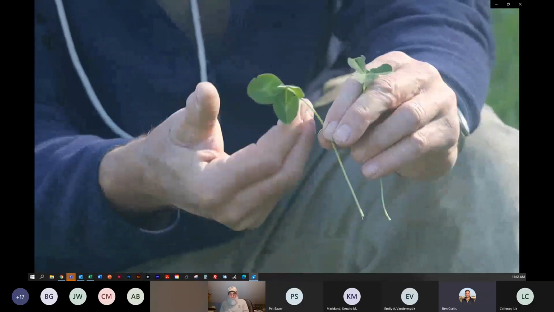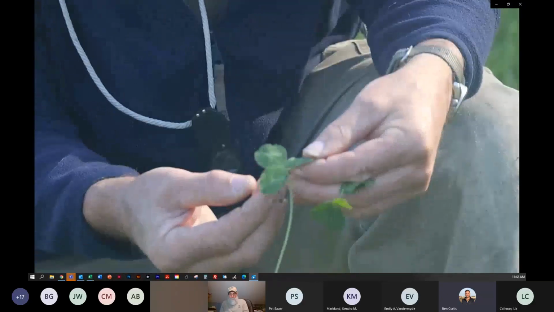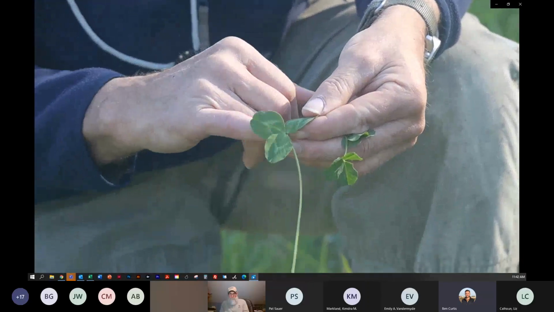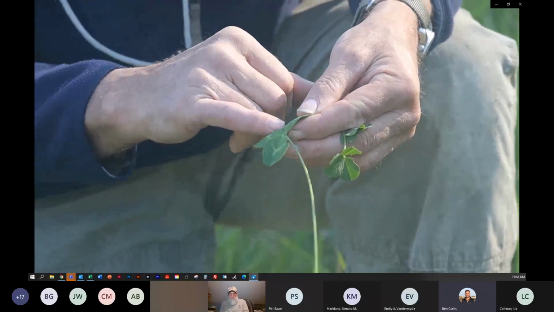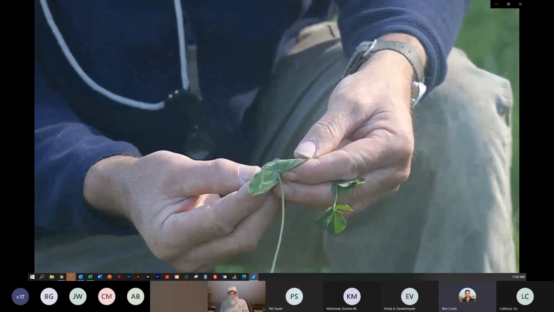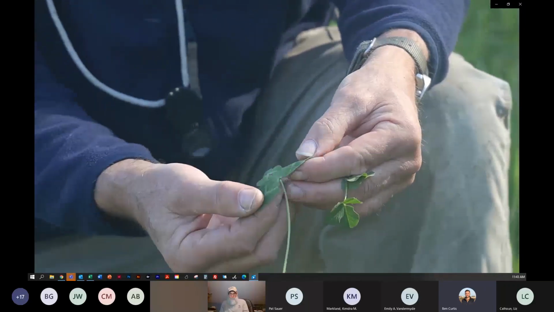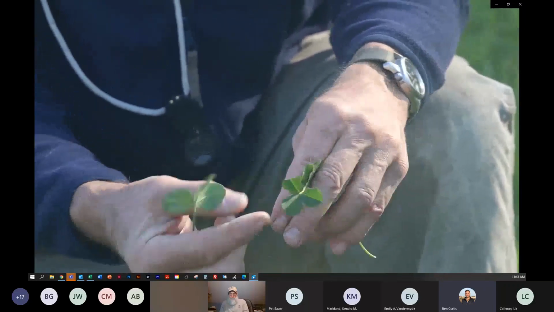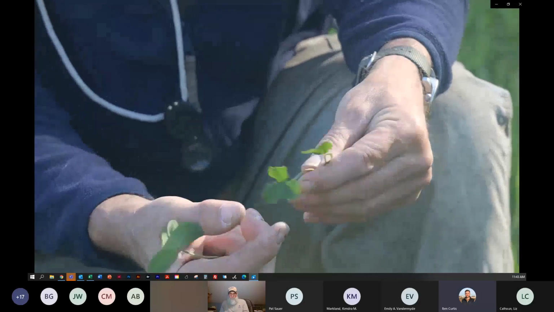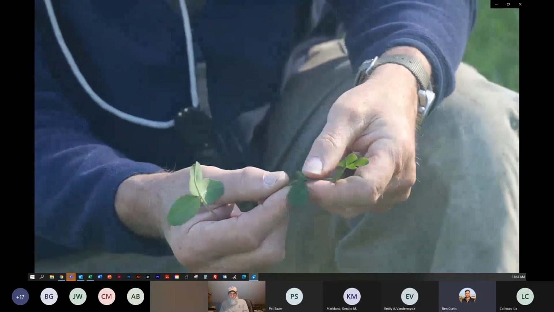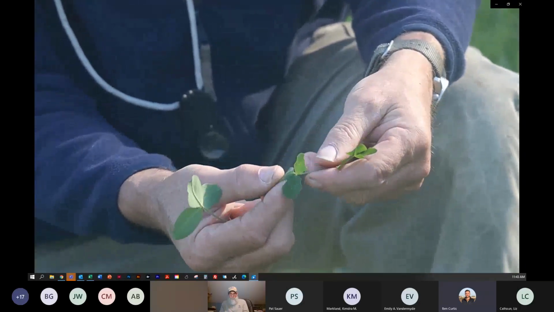Red clover leaflets usually have a pretty well-marked chevron, this white marking we can see on the upper surface of the leaflets here. And white clover generally lacks that, although you can see maybe a bit of one sometimes, just a slight one.